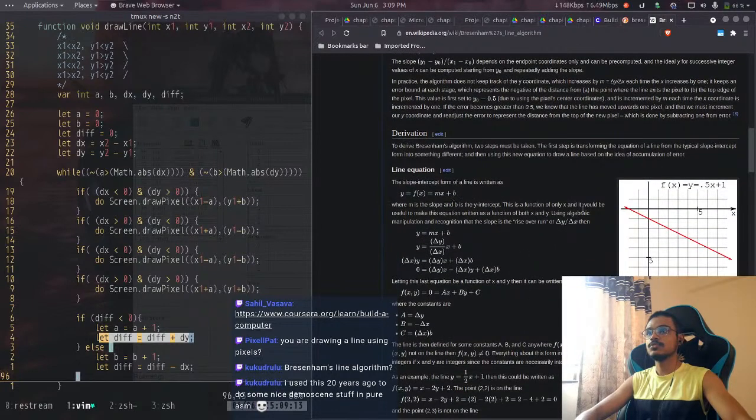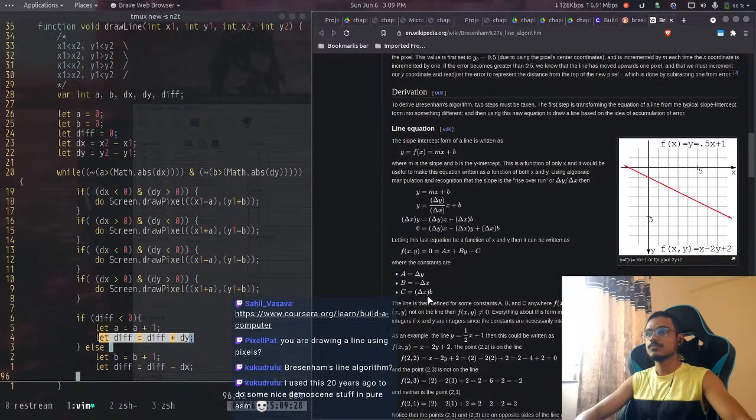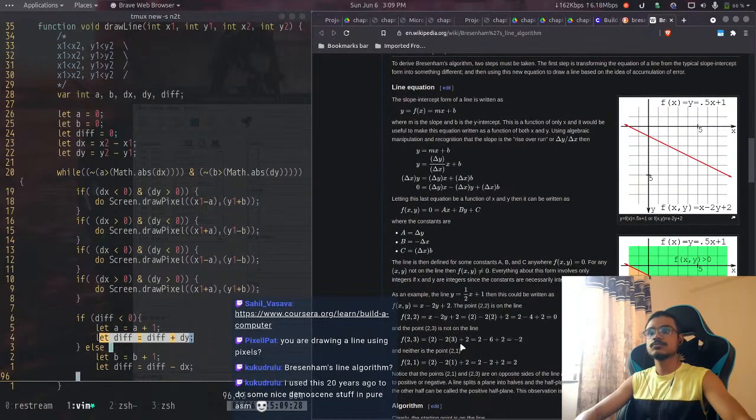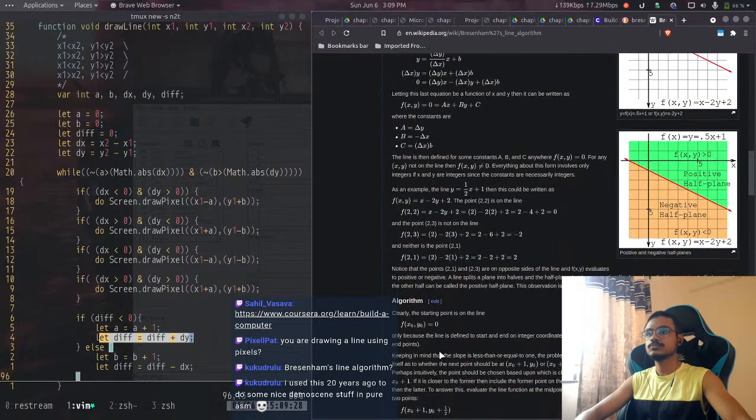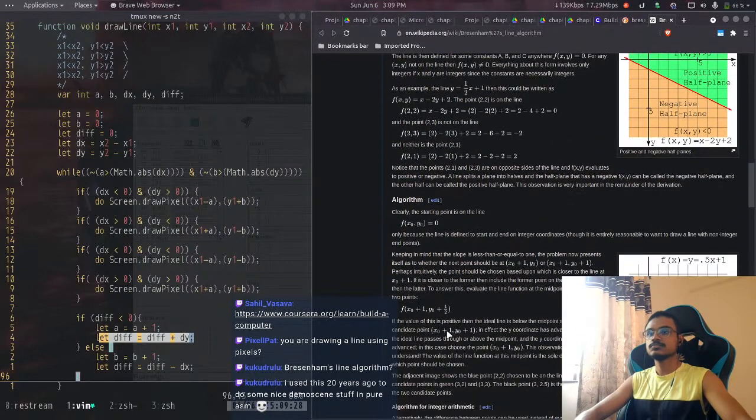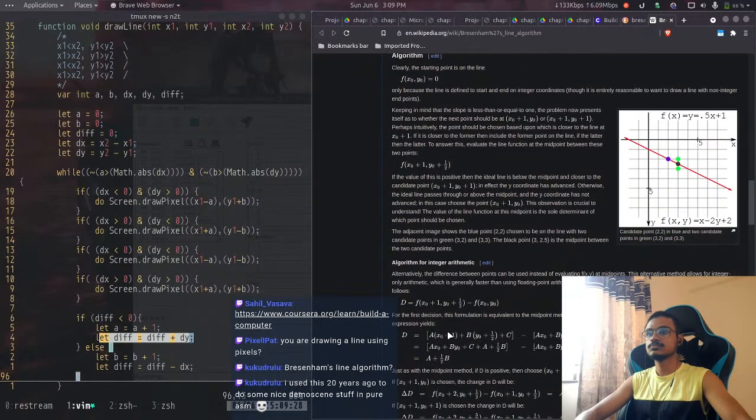Y slope. Wait a minute. Function of x0 plus 1, y0 plus half.